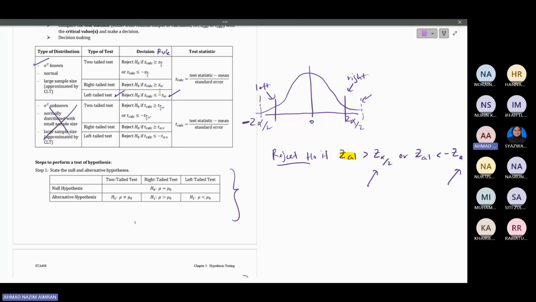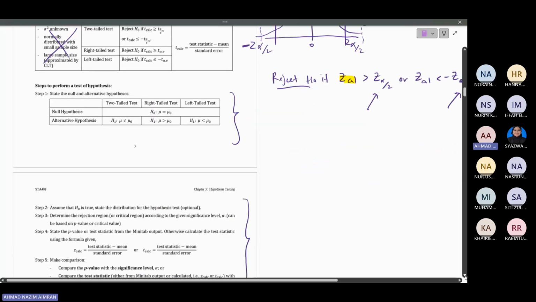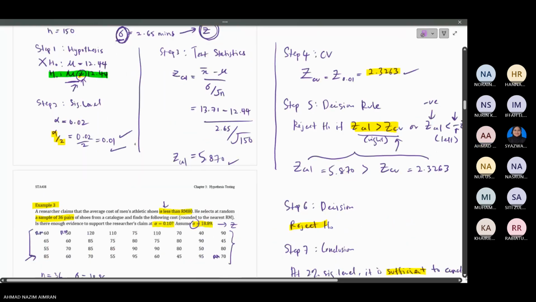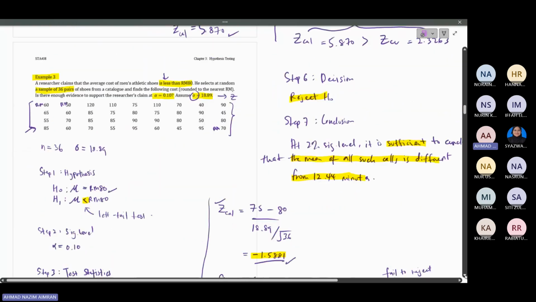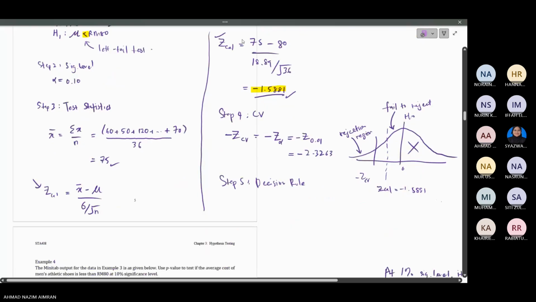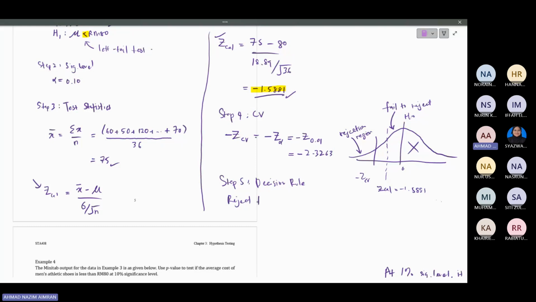You should remember, in a two tail test we compare with Z alpha over 2, but in a one tail test we compare with Z alpha only.